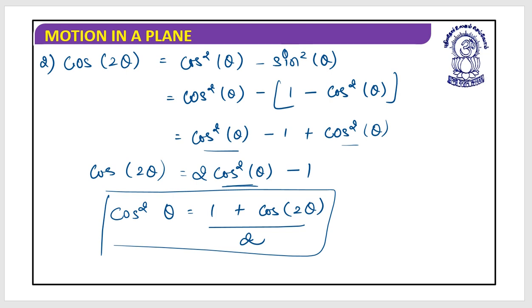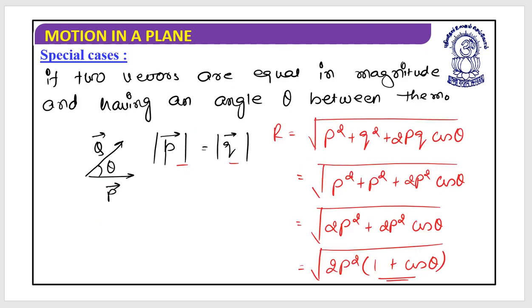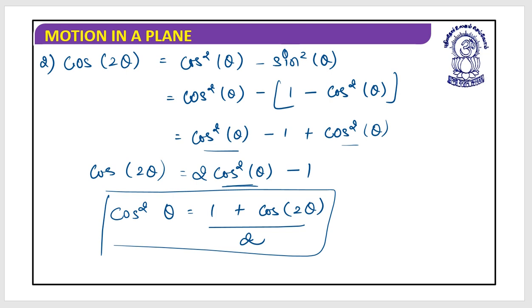Then I am having this, that r is equal to under root of 2p square into 1 plus cos theta. If it is 1 plus cos theta, what would be the situation? Look at this. If I write this, it's 1 plus cos 2 theta. Suppose this is 1 plus cos 2 theta, then that should be 2 cos square theta.